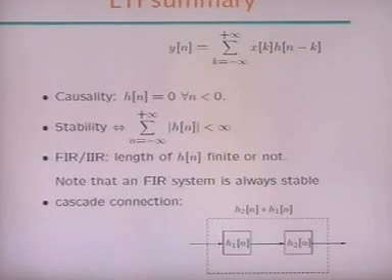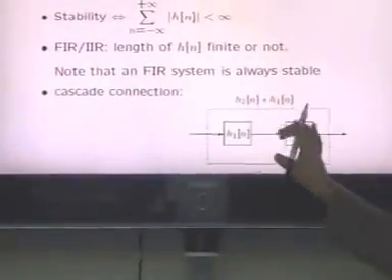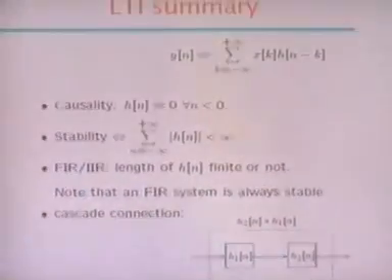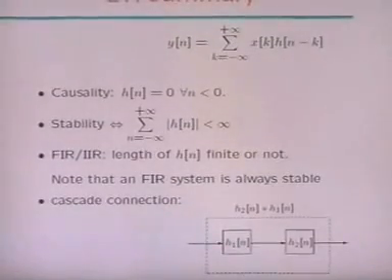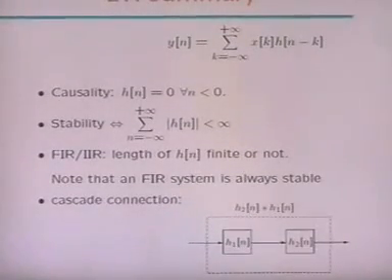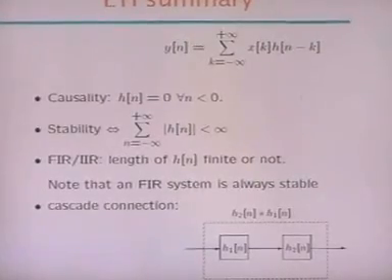And if we have any feedback term in the difference equation, it will make your system IIR. We also saw how properties of convolution help us in simplifying complex systems. We can just join series or parallel systems together and come up with an equivalent system. So this was this set of slides.